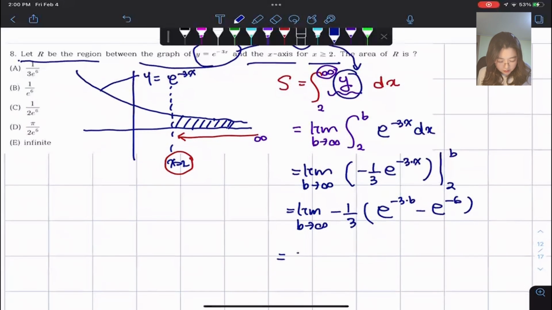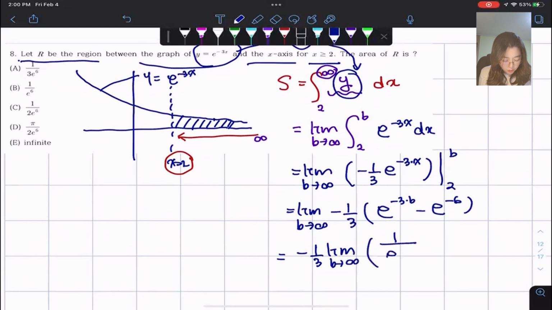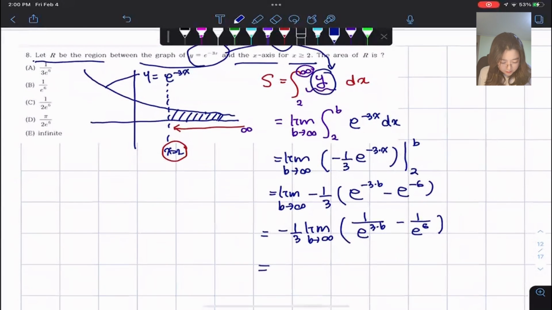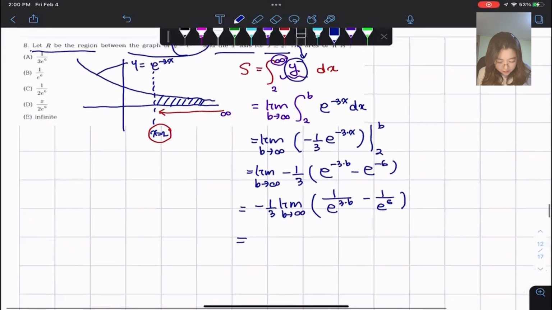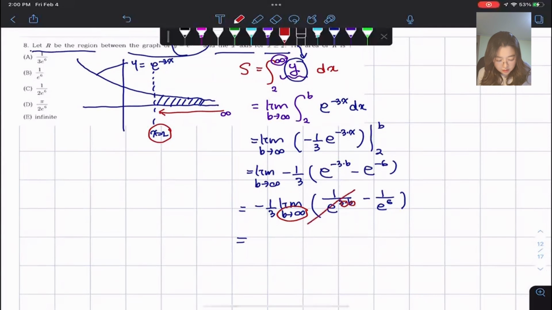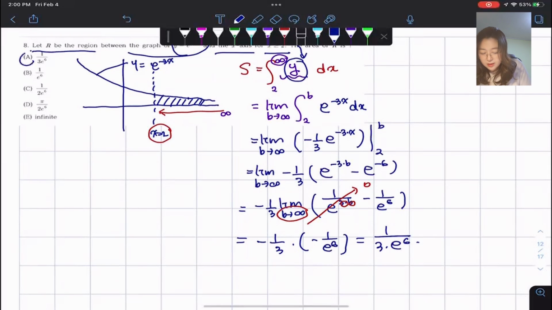So minus 1 over 3 limit, 1 over e to the power of 3 times b minus 1 over e to the power of 6. As b approaches infinity, this value is 0. So minus 1 over 3 times minus 1 over e to the power of 6. So 1 over 3 times e to the power of 6. So the answer is A.